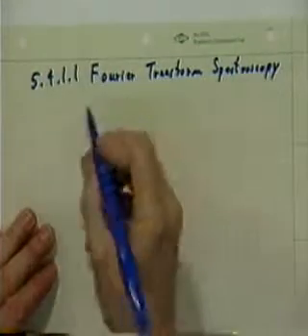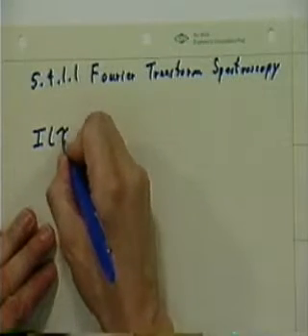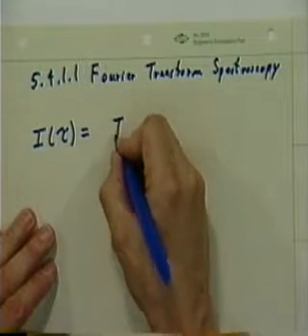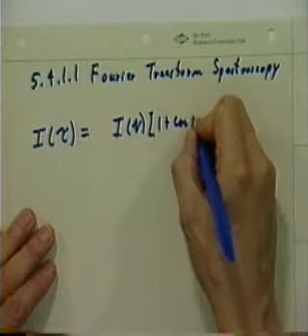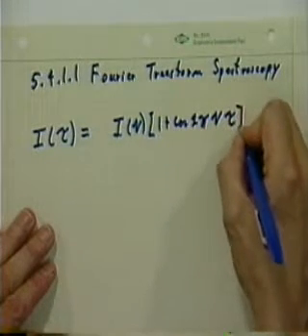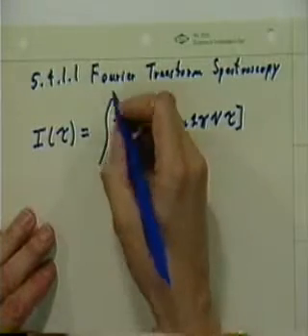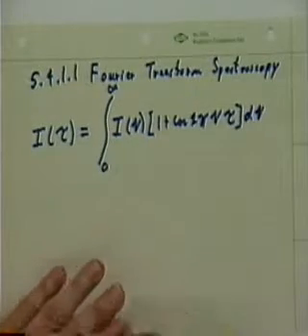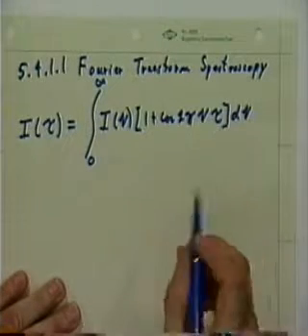So we're going to do the same thing we did before. Just going to add up a whole bunch of frequencies here. So intensity is a function of tau. Well, we had one frequency, we'd say I of nu times 1 plus cosine 2 pi nu tau. And now we're going to have a lot of these, so we put in an integral sign, 0 to infinity, d nu. So adding up a whole bunch of frequencies here.